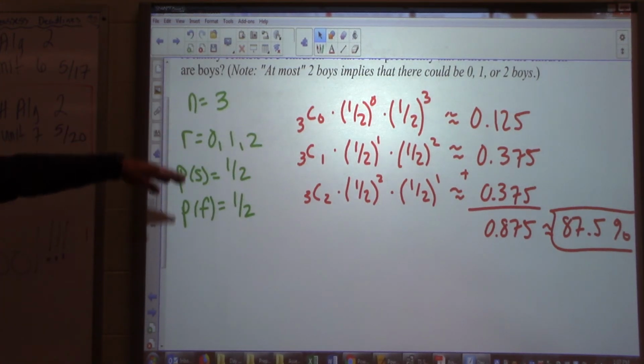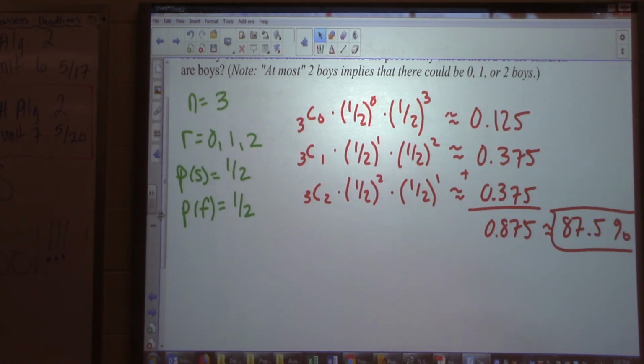Now, those are just 3. There's a 4th probability. What's the 4th outcome that could have happened? All 3 boys. So what happens, you think, if we did just all 3 boys and we did 1 minus whatever we got? Should we get the same answer?